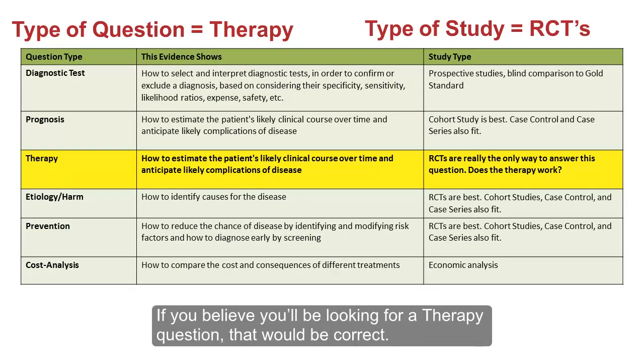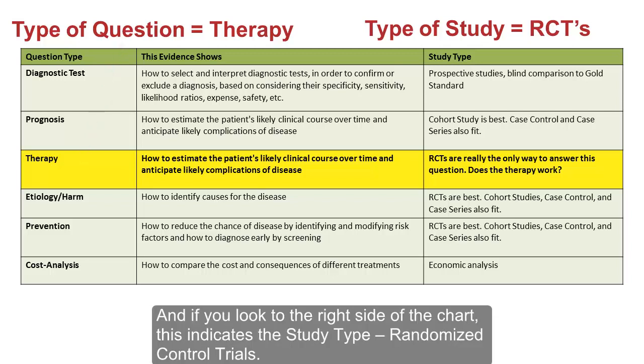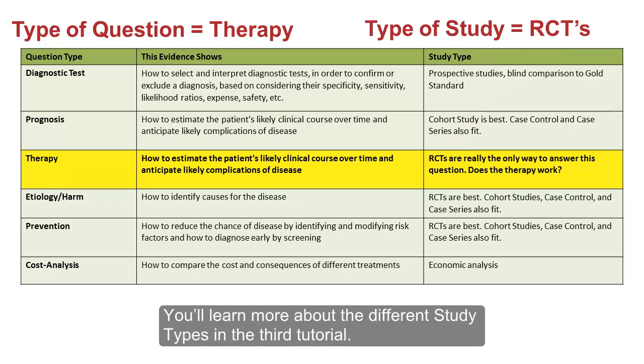If you believe you'll be looking for a therapy question, that would be correct. And if you look to the right side of the chart, this indicates the study type, randomized controlled trials. You'll learn more about the different study types in the 3rd tutorial.